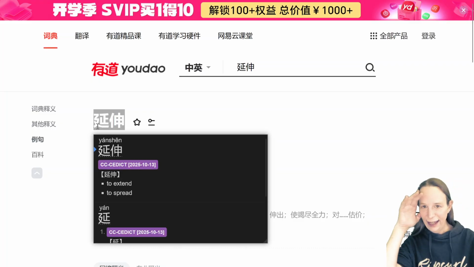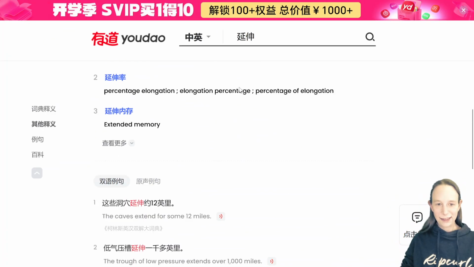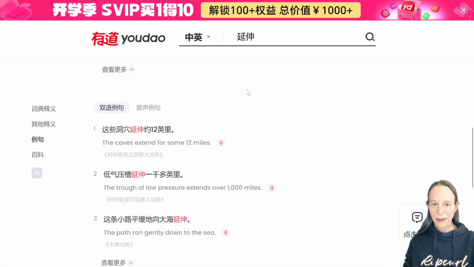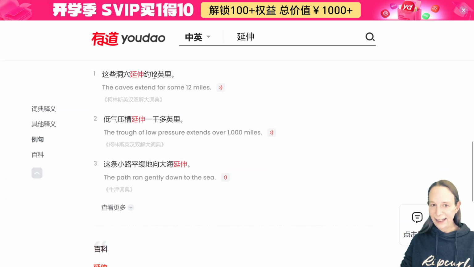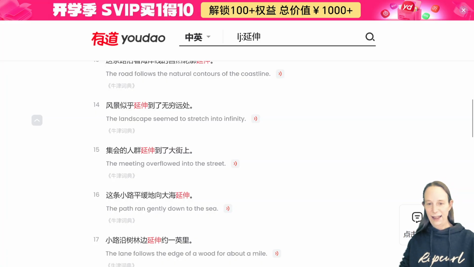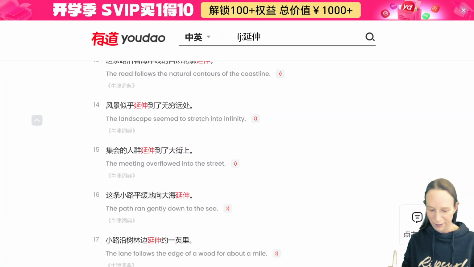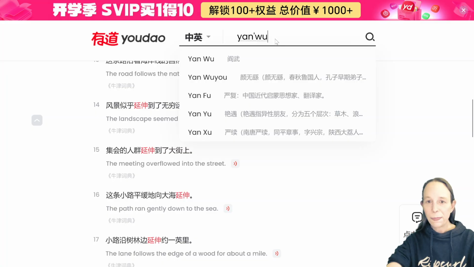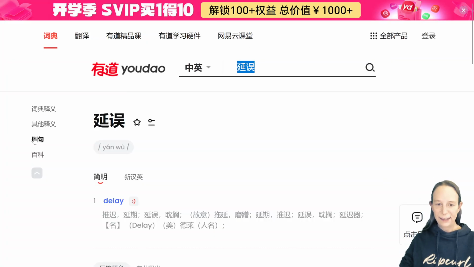Yeah, this is extend with respect to distance. So we should use yanchang with respect to time, yanshen with respect to distance. Yeah, extends nearly 12 miles, extends distance, extends to the sea, etc. So I think this one's good for distance and yanchang with respect to time. Next is yanwu. Yanwu, this one. This is just delay.